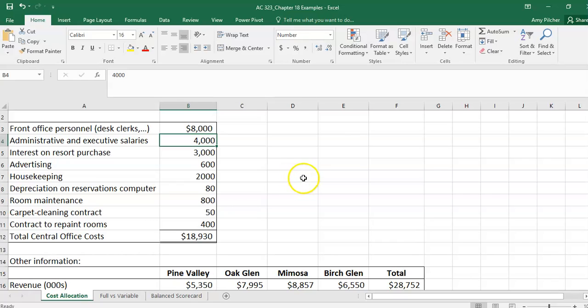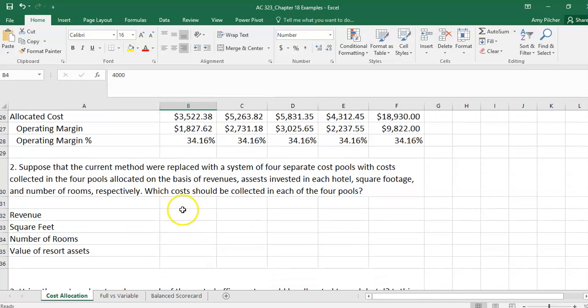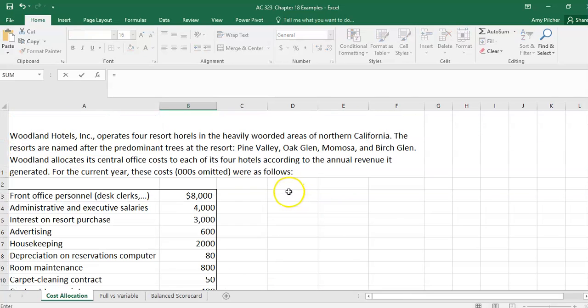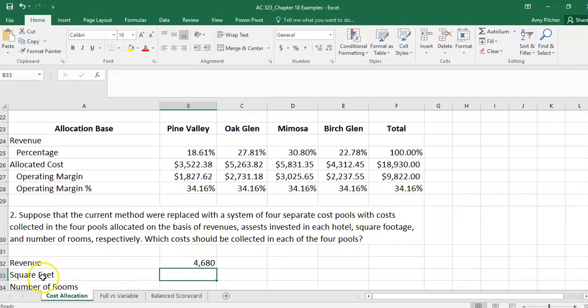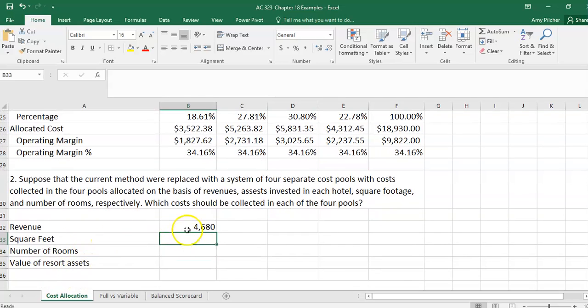And the argument for that is using the ability to bear principle that says that the resort should share these types of fixed costs based on the proportion of their revenues. So the things that are going to revenue are the administrative and executive salaries, plus advertising, plus depreciation costs. For square feet, we are looking at what makes the best sense to allocate per square feet.